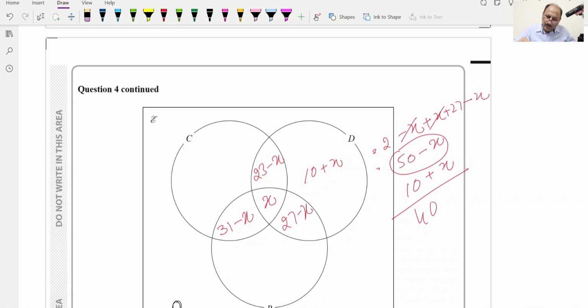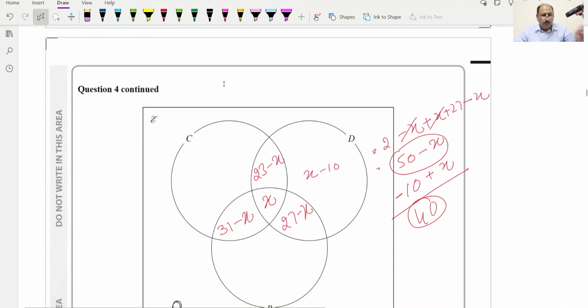And if this is 50 and we need this net answer as 40, we have to subtract 10 plus x, or we can write x minus 10 over here. Hopefully now you understand this, right? So this is 40, which is for this whole D part.